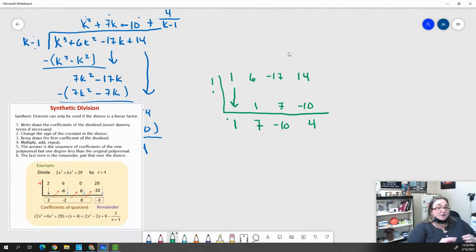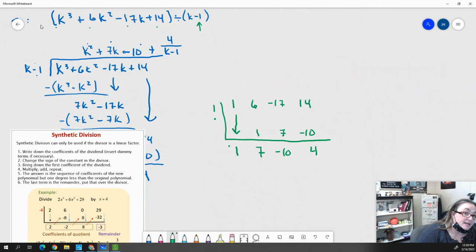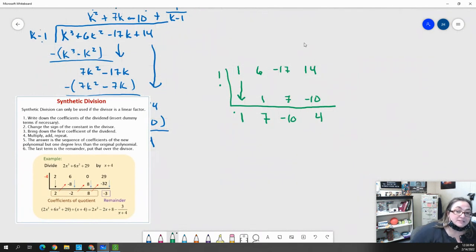So now we started, remember, in the original problem, we started with a k cubed, right? So all of these coefficients right here, all of these numbers are going to start with 1k less. So if I started with k cubed, this right here becomes k squared.